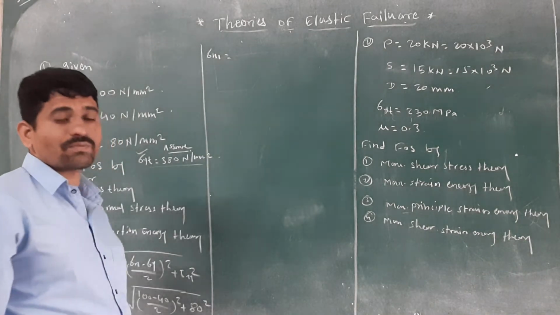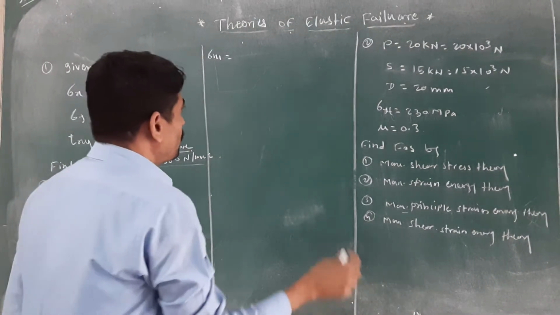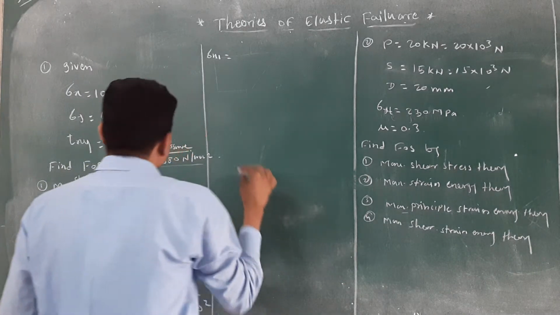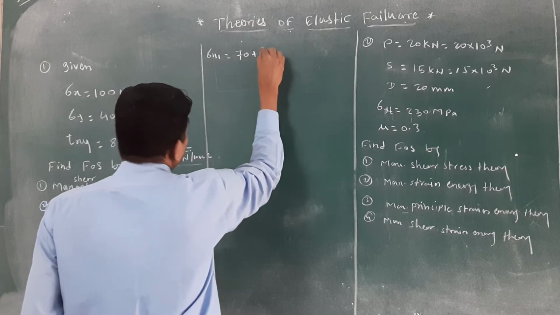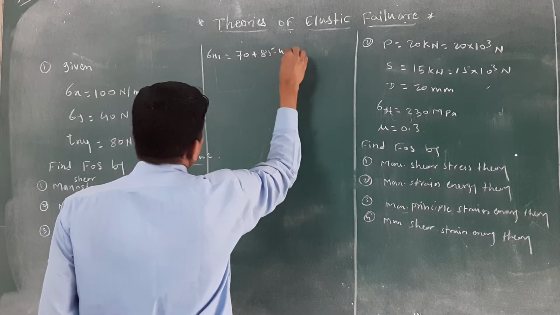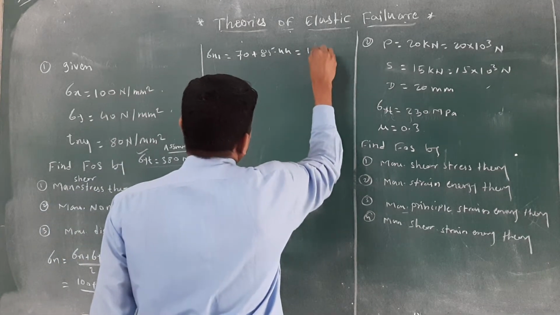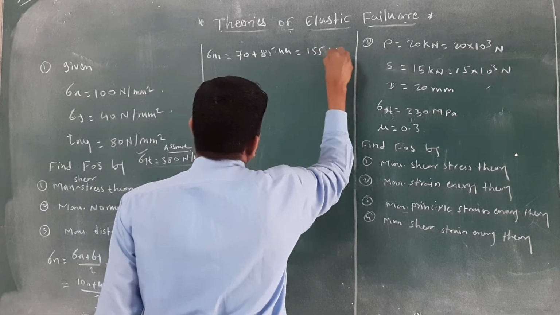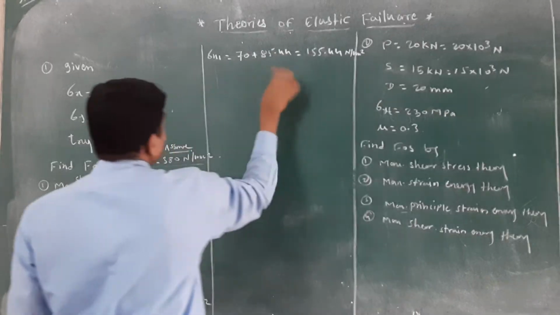What is sigma n1? It is the major principal stress, equal to 70 plus 85.44. You will get 155.44 Newton per mm square.